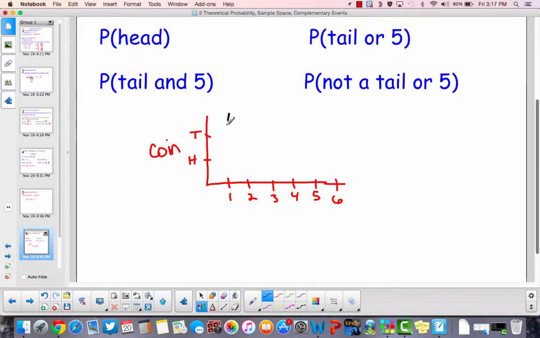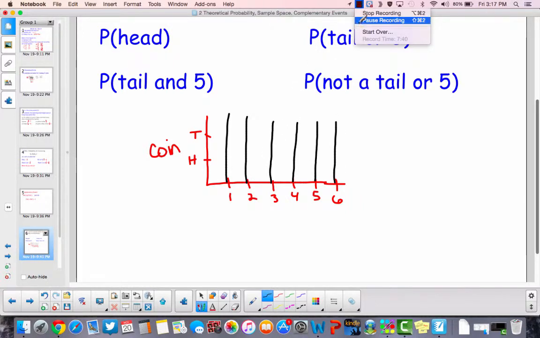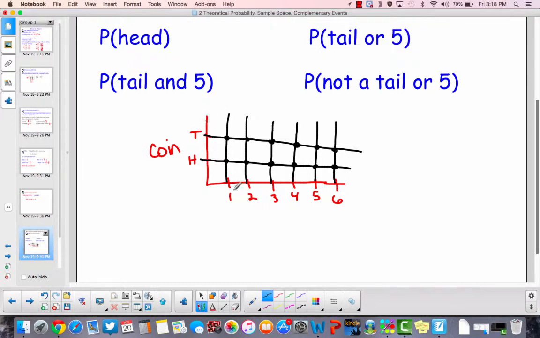So let's draw our lines on our grids. If you have graph paper, this works well on graph paper. Okay, here's our grid. We have choices of heads and tails for the coin, and a choice of 1, 2, 3, 4, 5, or 6 for the die.